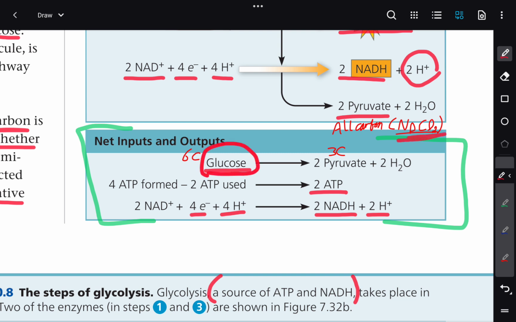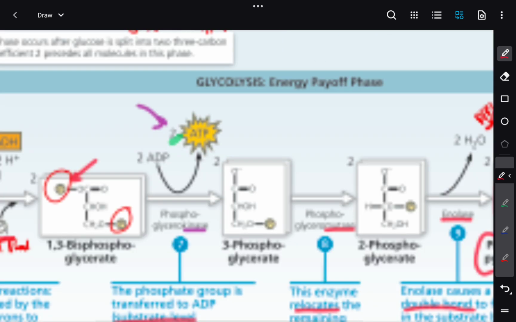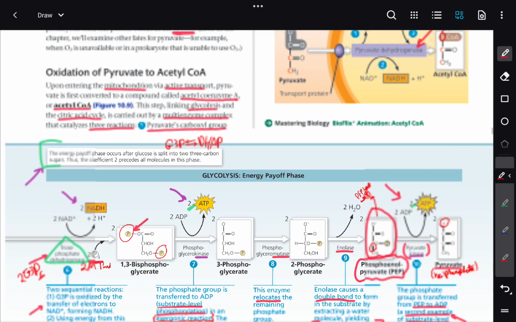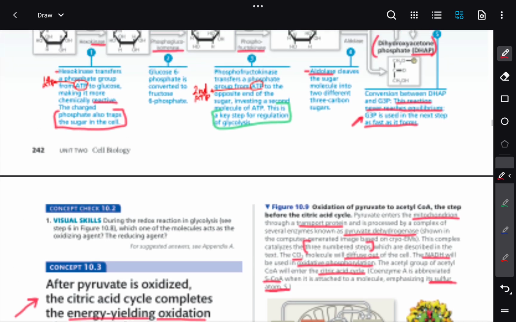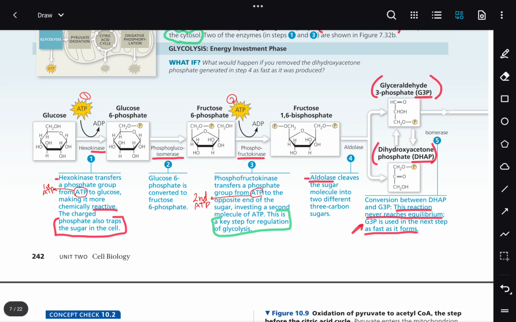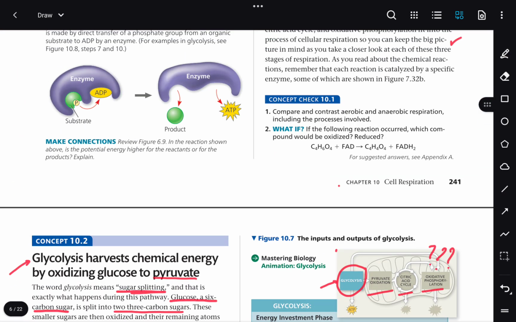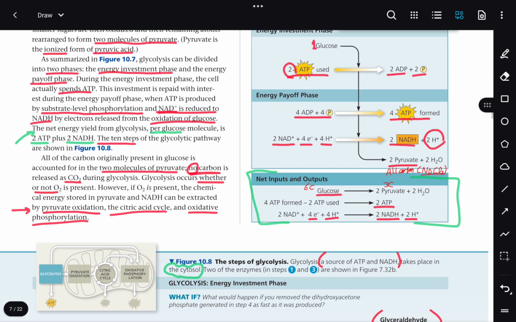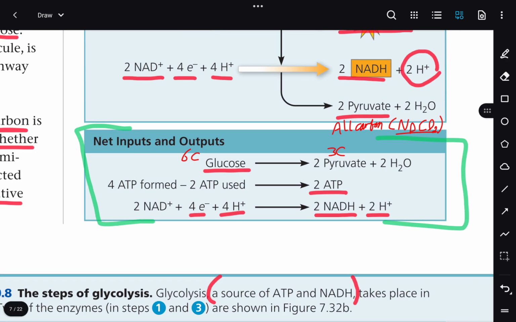There's no CO2 released. What does that mean? That means that we have to account for all the carbon atoms at the end of glycolysis. It's a very important idea.